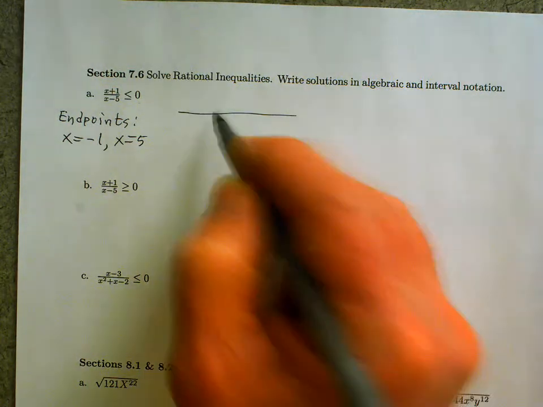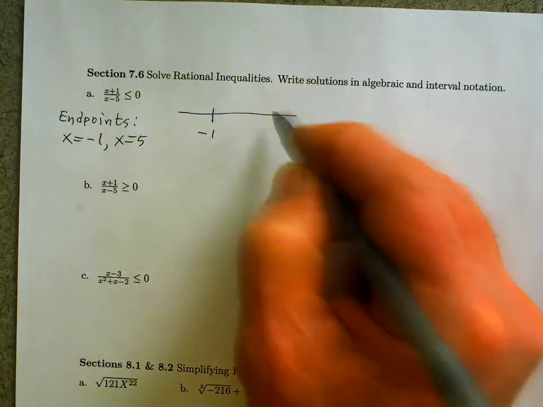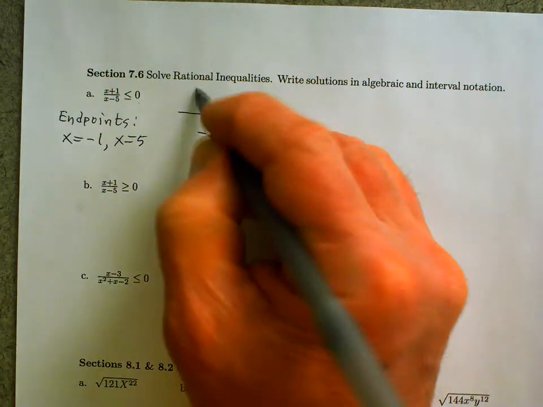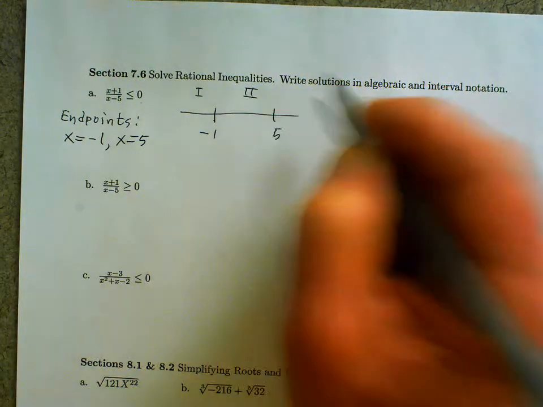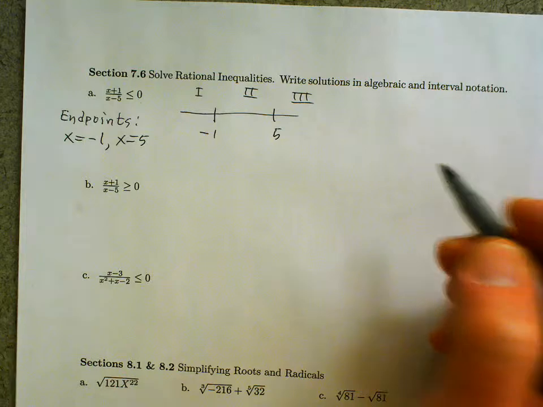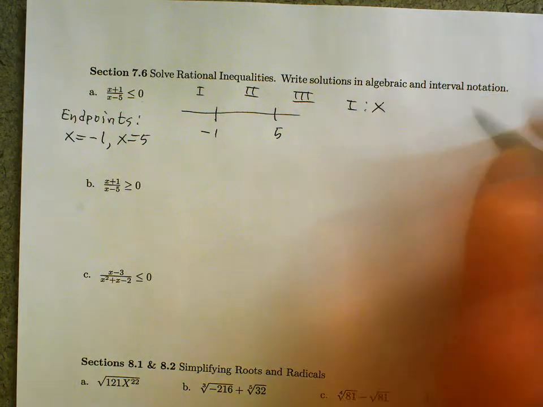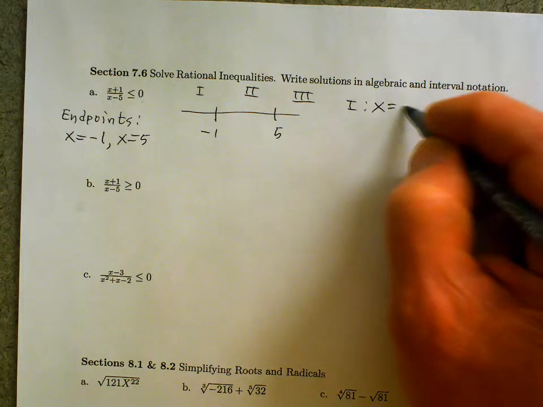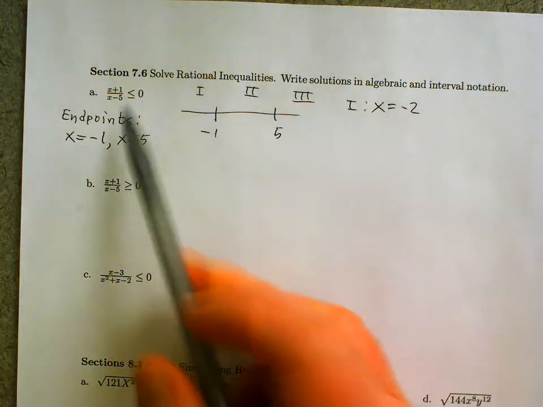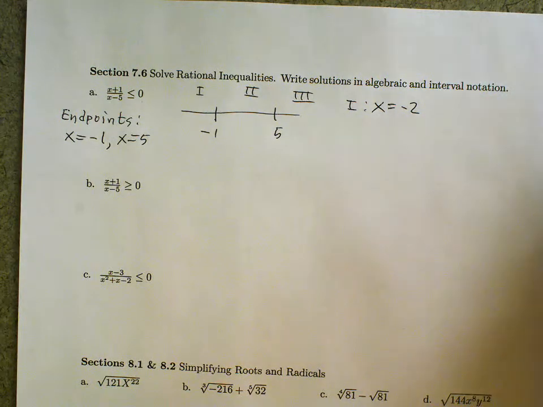We plot those numbers on the number line, -1 and 5. So we have 3 separate intervals. So in the first interval, pick a number less than -1, like -2, and then in the inequality, replace x with -2.